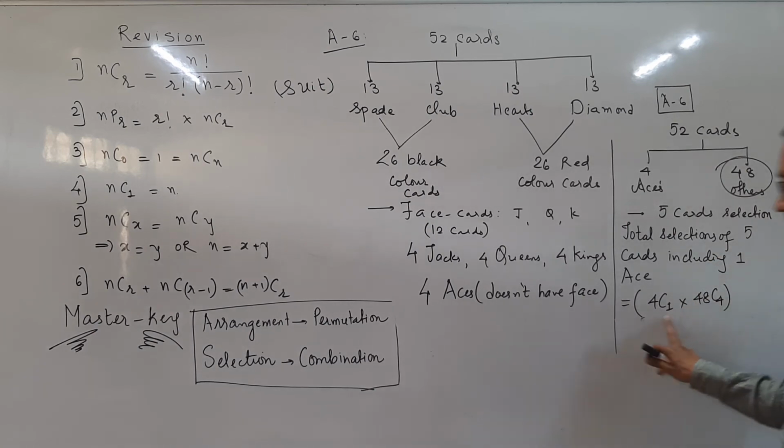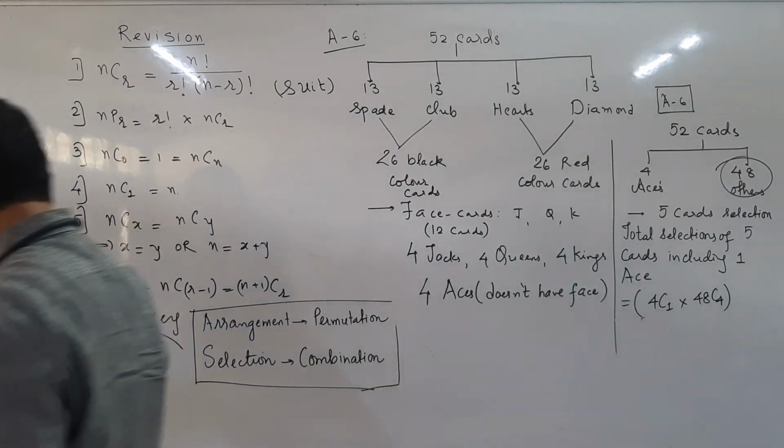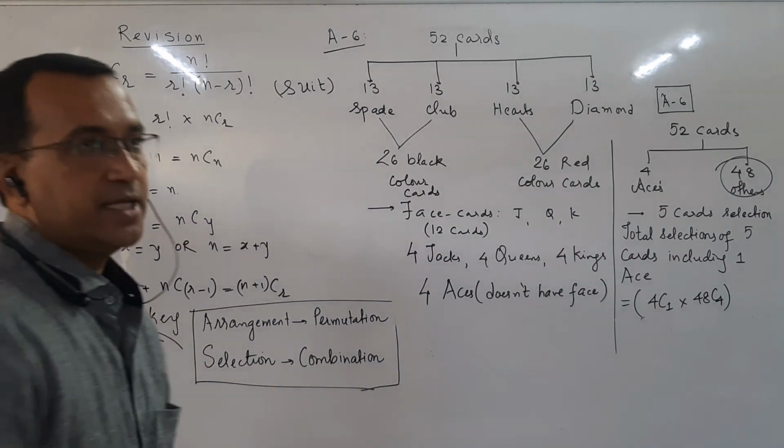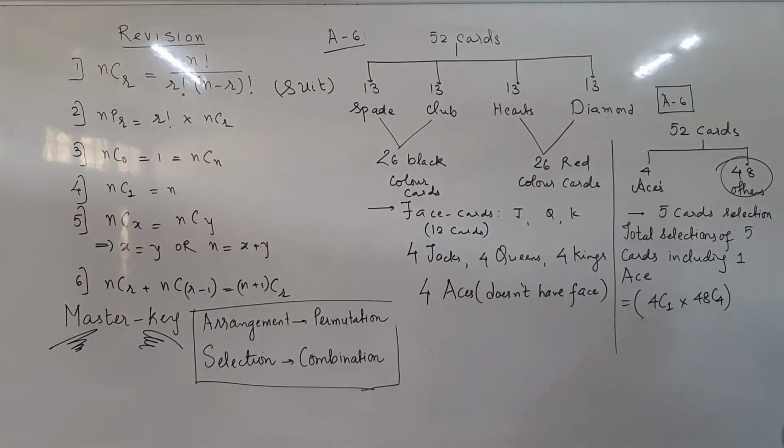Now NC1 is N. So 4C1 according to this formula before, 5C1 is 5, 10C1 is 10, 8C1 is 8. So this is 4. And simplifying, this comes out to be 48 factorial upon 4 factorial into 44 factorial.